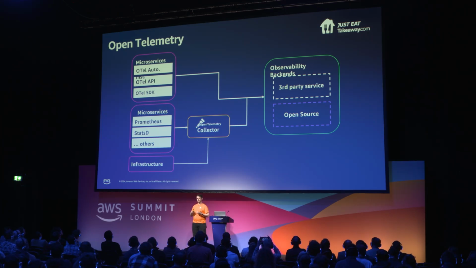And we really think that it will help us to become more consistent in the way that we produce telemetry data over time. In the short term, this will allow our engineers to instrument their applications in a single way. And longer term, it will allow us to be more flexible about where we send our telemetry data, as it's in one format that we can send to a backend that we choose.